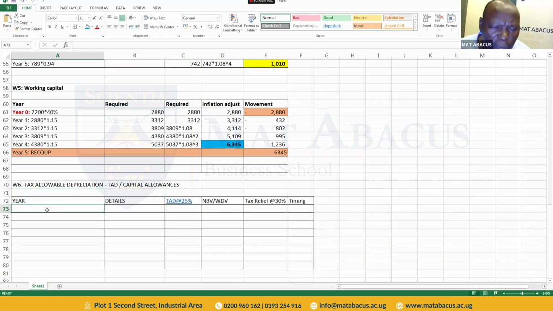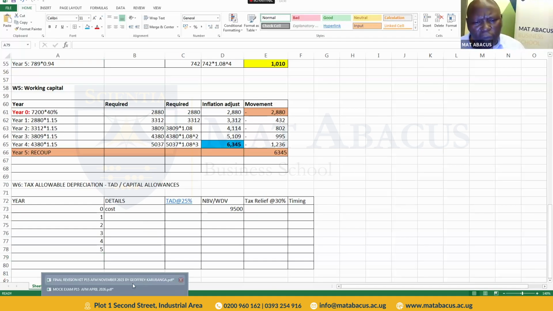So we have got year 0. Normally in year 0, we usually begin with the cost. The cost of this machine was 9.5. Remember, we are doing it in millions. And therefore, we shall have year 1, year 2, year 3, year 4. The machine is for 5 years.